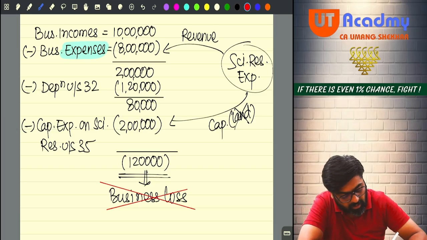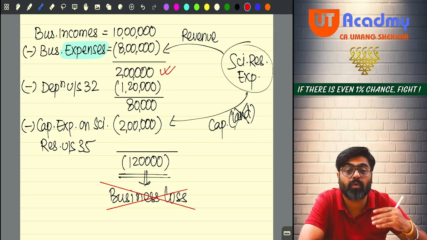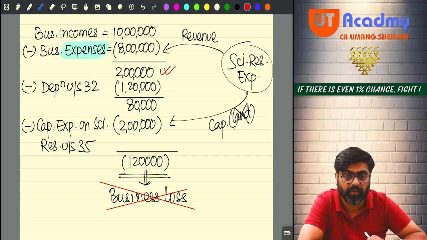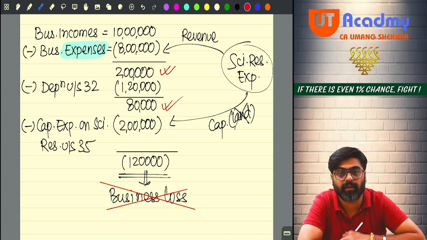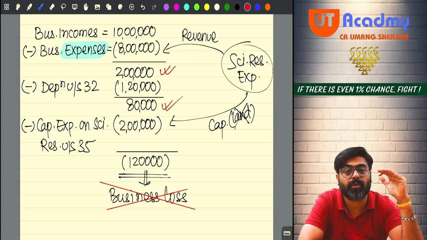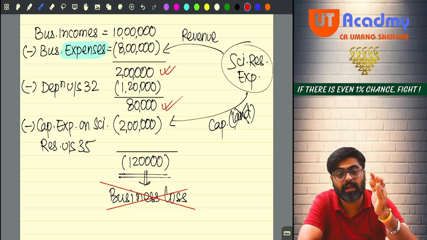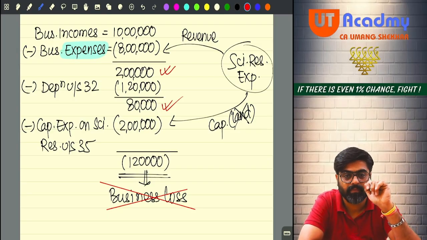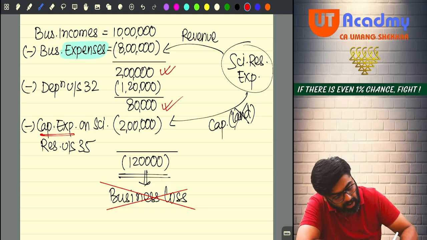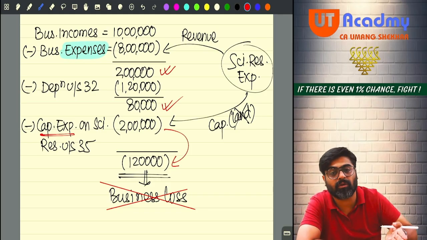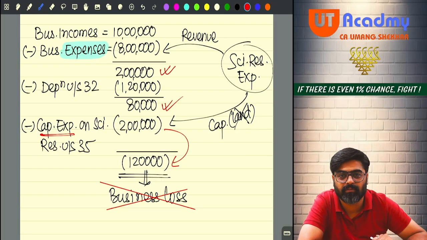Business is not giving you a loss. Business is rather giving you a profit of 2 lakh prior to claim of depreciation. After claiming depreciation also, there is 80,000 profit remaining. But that 80,000 profit which is remaining after claiming the depreciation is not sufficient to absorb your capital expenditure. So out of this 2 lakh, 1,20,000 of capital expenditure still remains.